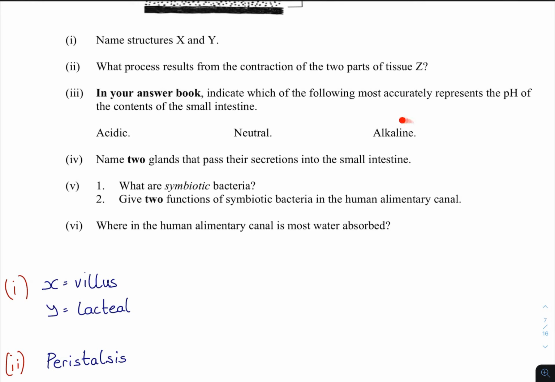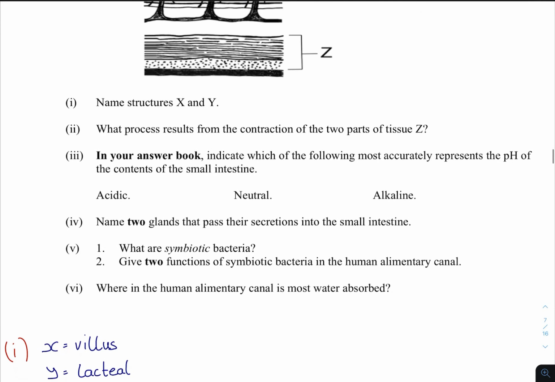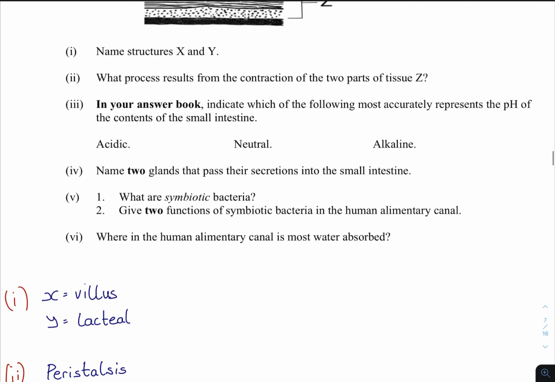But if you go back to a previous question that we've done today, 7 was accepted, and 7 is usually accepted. So you should have been able to say neutral, but in this case, this was for 2012. It's going back 8 years now. Alkaline was the one that's accepted. The only one, and you have a pH of 8. So just to be aware of that, it has changed slightly.